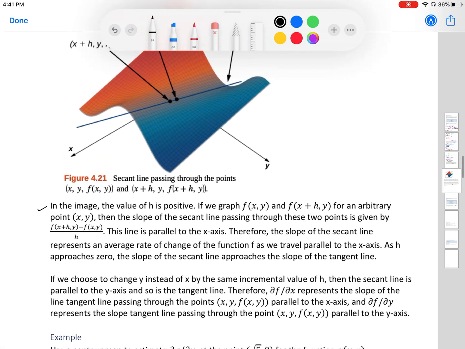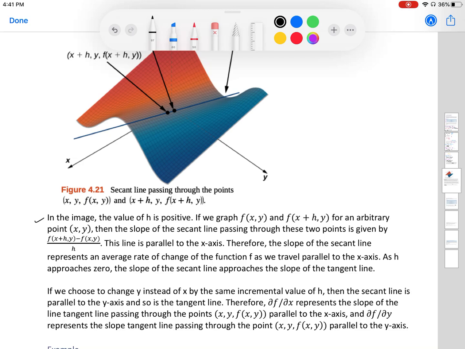We graph f of x comma y and f of x plus h comma y for an arbitrary point x, y. Then the slope of the secant line passing through these two points is given by f of x plus h comma y minus f of x comma y over h. This line is parallel to the x-axis. Therefore, the slope of the secant line represents the average rate of change of the function f as we travel parallel to the x-axis. As h approaches 0, the slope of the secant line approaches the slope of the tangent line.